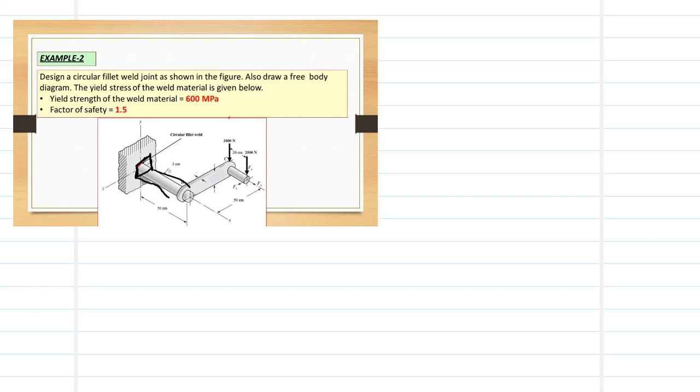Sorry, the lines are not straight. So we have a rectangular beam, clear? And the weld is only at these two points. It's a non-symmetric type of beam.